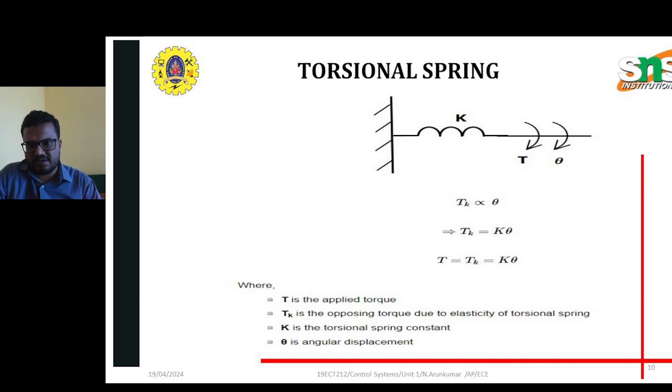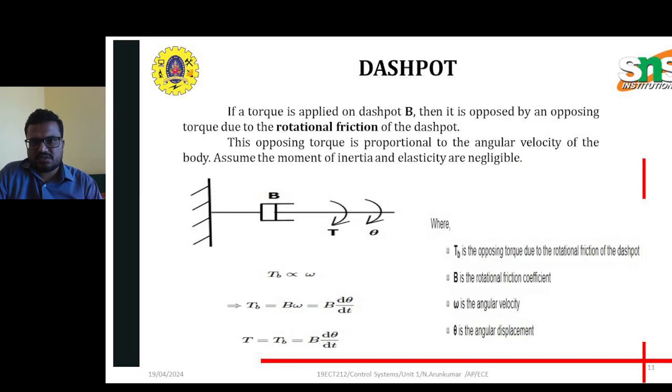And next is the rotational friction. It is calculated based on the rotational frictional coefficient and the angular velocity, with T and theta as torque and angular displacement. The final equation is T equal to B into d theta by dt.